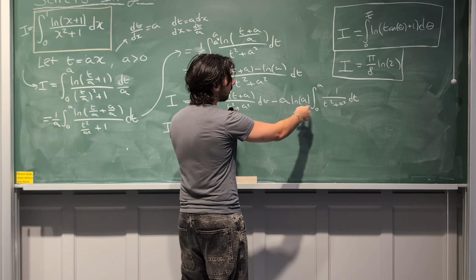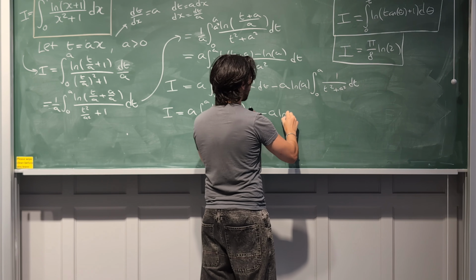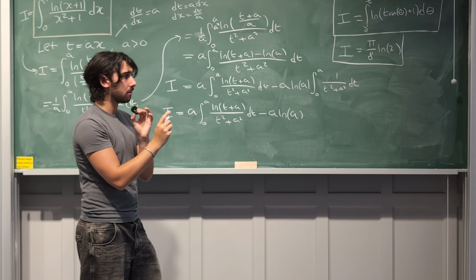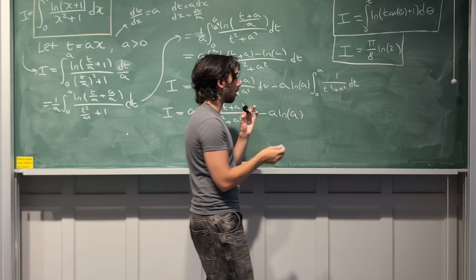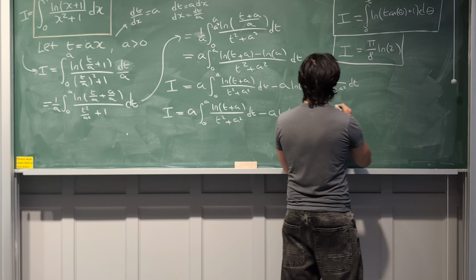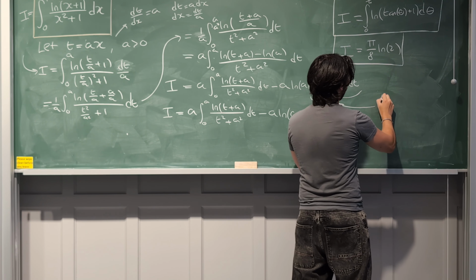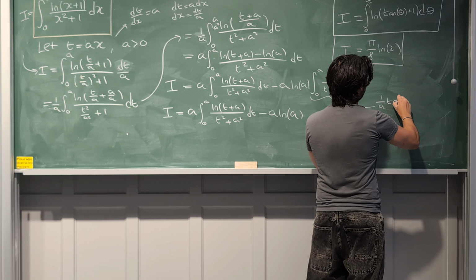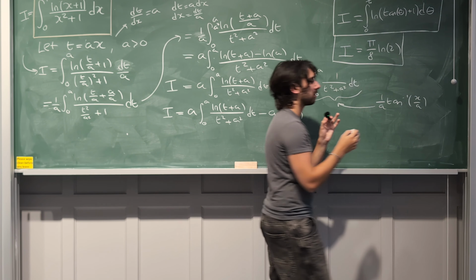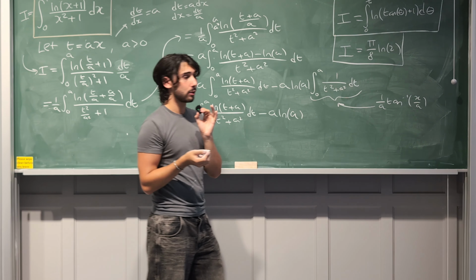And then here we can do something with this. So we've got minus a times the natural log of a. And now here I'm going to use a fairly well-known standard integral, which is that this integral here, okay, this integral is equal to 1 over a times inverse tan of x over a, plus c, because that's an indefinite integral, but we don't need it because we're doing a definite integral.